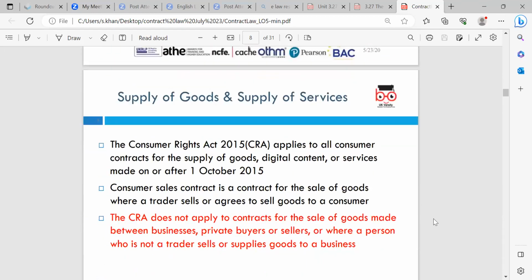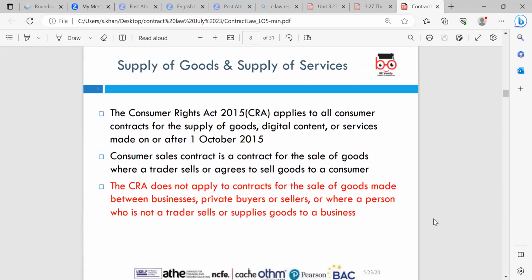Supply of goods and supply of services. The Consumer Rights Act 2015, CRA, applies to all consumer contracts for the supply of goods, digital content or services made on or after 1st of October 2015.